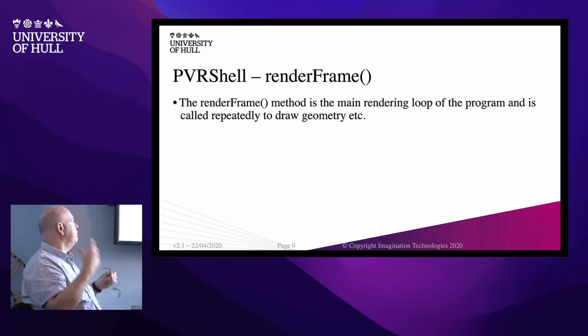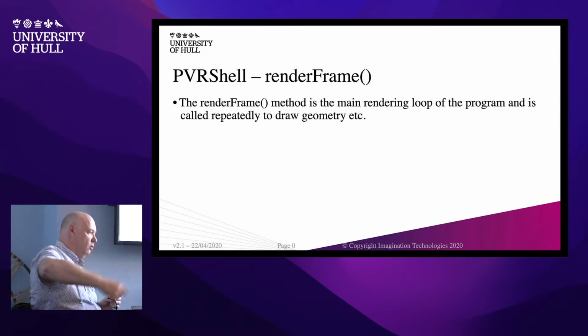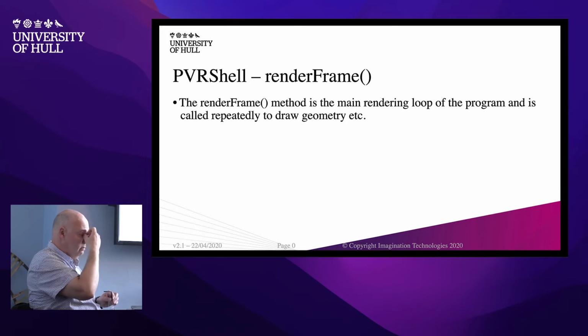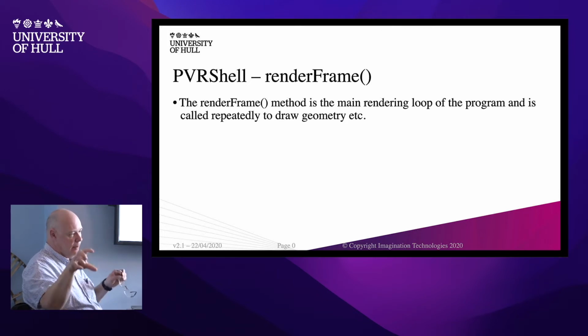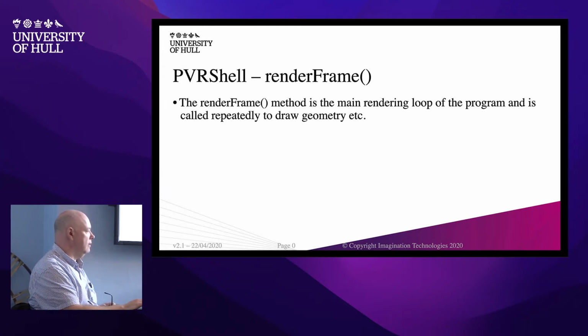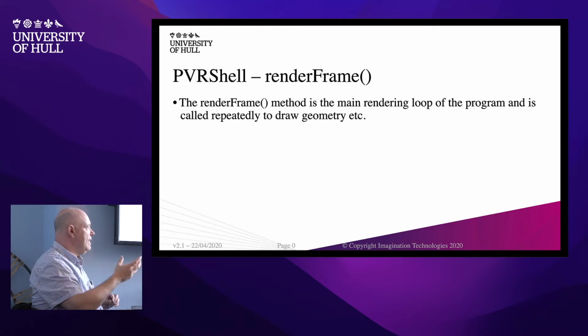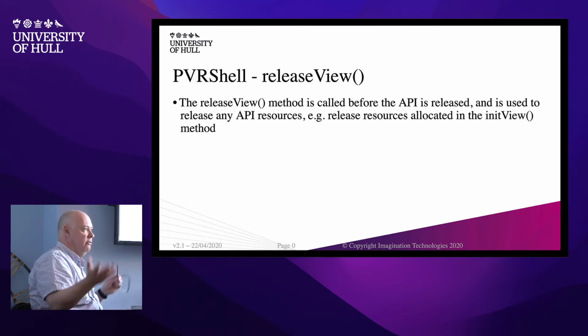And as I say, the render frame is the thing that's going to be called over and over again. Okay, so this is our main loop being called. So ultimately everything needs to be in there, all your drawing calls and things like that. If you've created anything within the init view, then the release view is a very good place to release those resources.